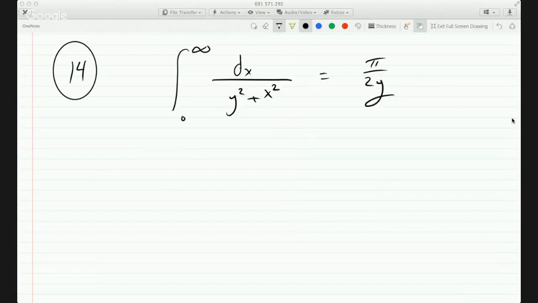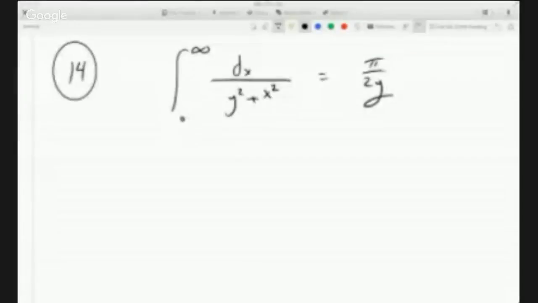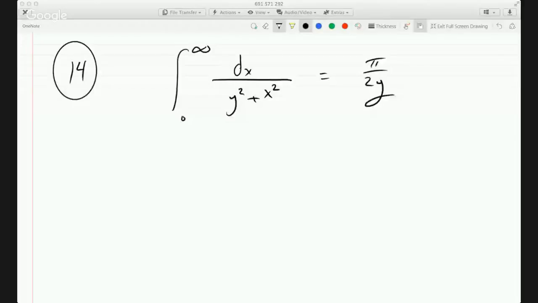And they say differentiate both sides in order to evaluate, in order to figure out what to evaluate. So the question is, what's this?